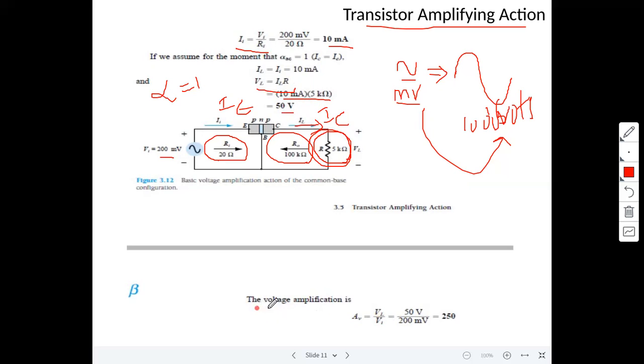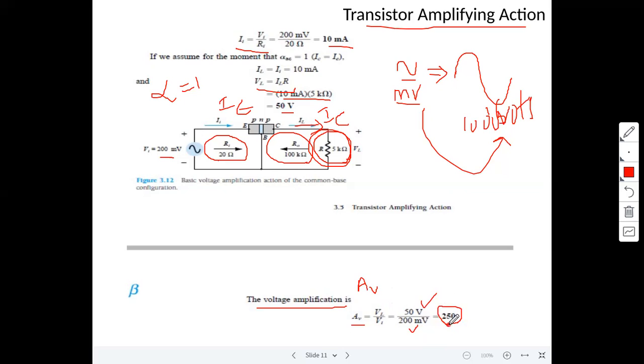Now coming to the amplification ratio, voltage amplification AV, voltage gain. Generally gain is denoted as A, suffix V means voltage gain. Output voltage by input voltage. Output voltage 50 volts, input voltage is 20 millivolts. That is equal to 250. Gain is equal to 250.